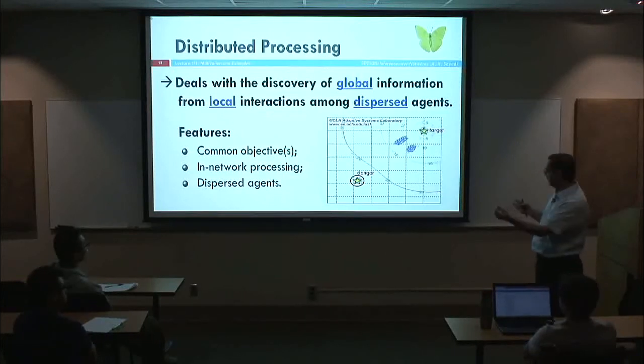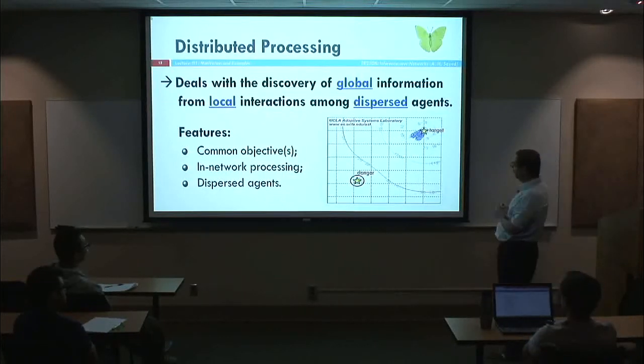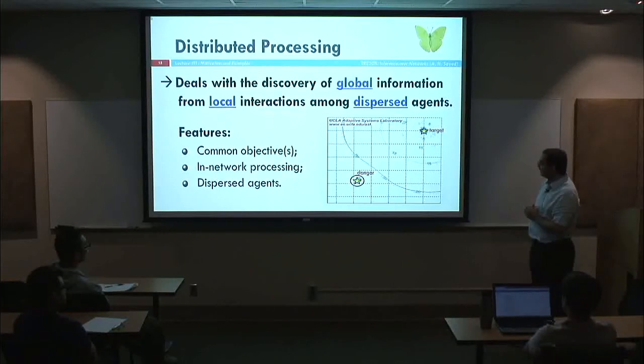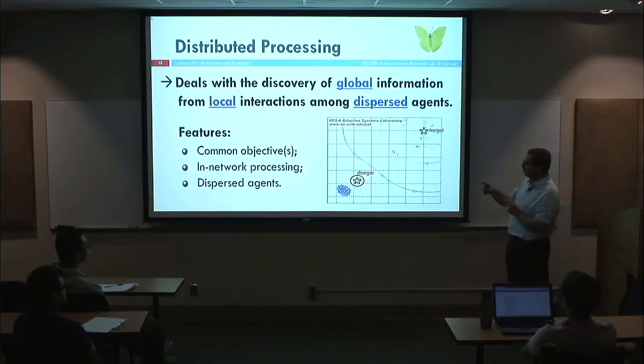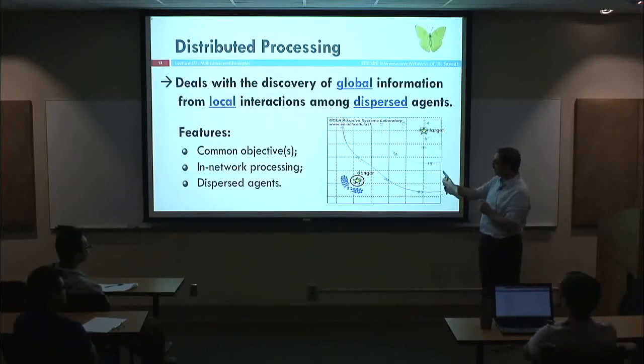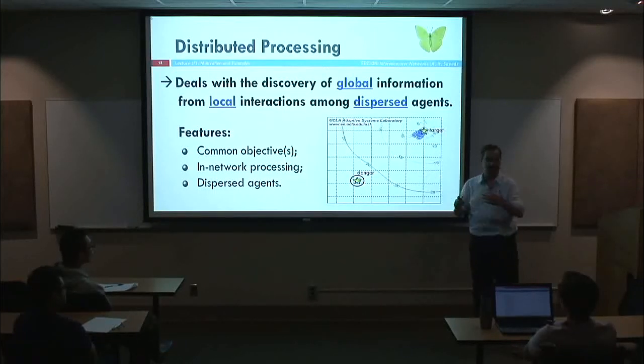The individual agents, as you see in this particular animation here, you have a collection of agents. Each one of them has noisy observations of the distance and direction to the target. So they interact together to improve their estimates of where the target is and move in that direction. They also have noisy estimates of the distance and direction to danger.